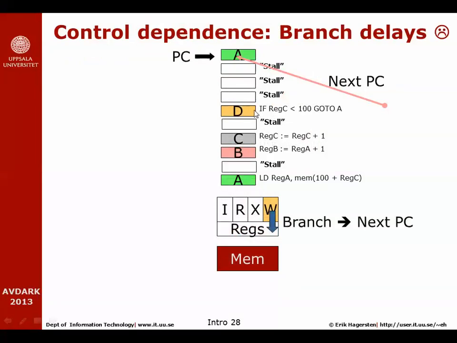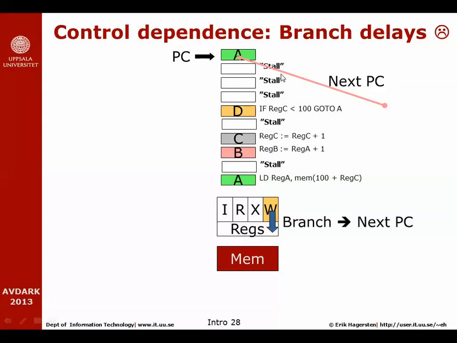We also saw another problem here, which was that immediately after we fetched the brown instruction, we cannot tell, in the cycle that pointed to the brown instruction, whether we should go back to instruction A or we should execute the very next instruction, for example, maybe instruction E. So it takes many cycles until the brown instruction is in the final pipeline stage.